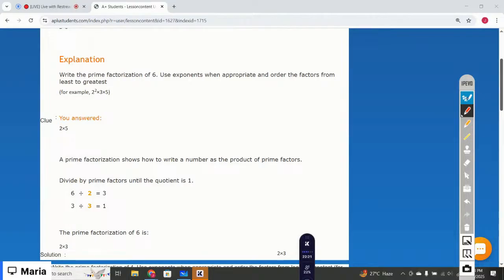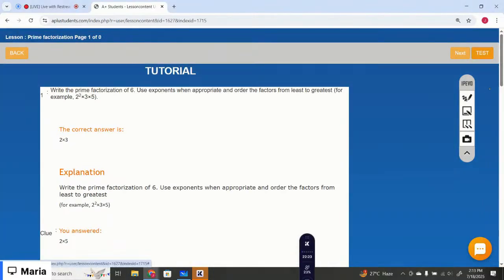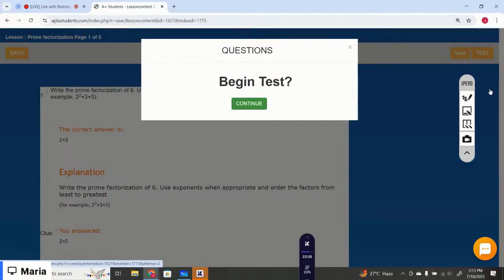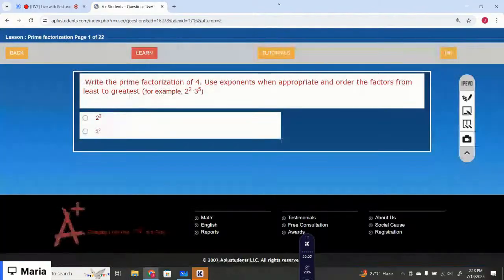Okay, let's just start with the test questions. Write the prime factorization of 4.